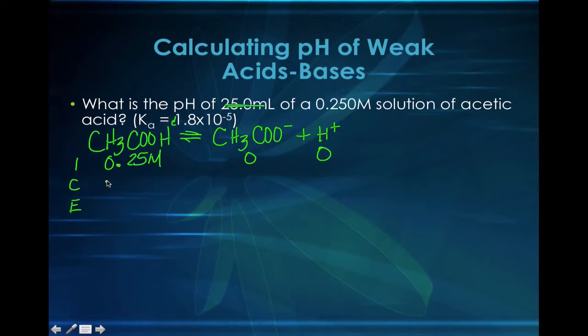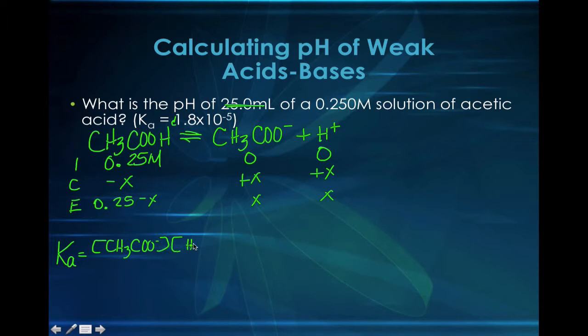The change: I'm going to lose that and gain these two. There are no coefficients, so it's just plus and minus x. So at equilibrium, this will be 0.25 minus x, this is just x, and this is just x. I'm going to set up the Ka just like I would a K: the concentration of the acetate ion times the hydrogen ion over the acetic acid's concentration.